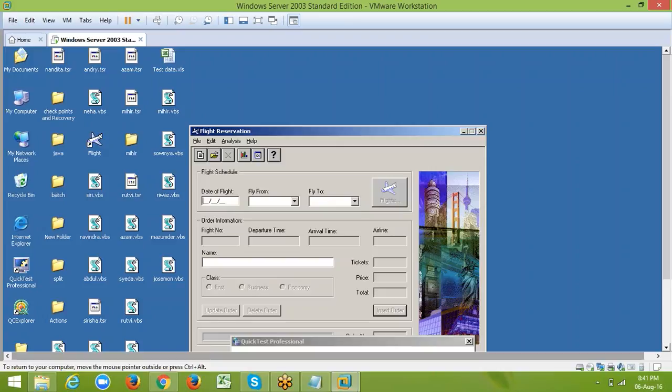But observe guys, if it is 10 or 20 sets of data, it is okay, we can test. But here we have to test with hundreds and hundreds of sets of data. Doing that manually, is it possible with manual testing? No, very difficult.